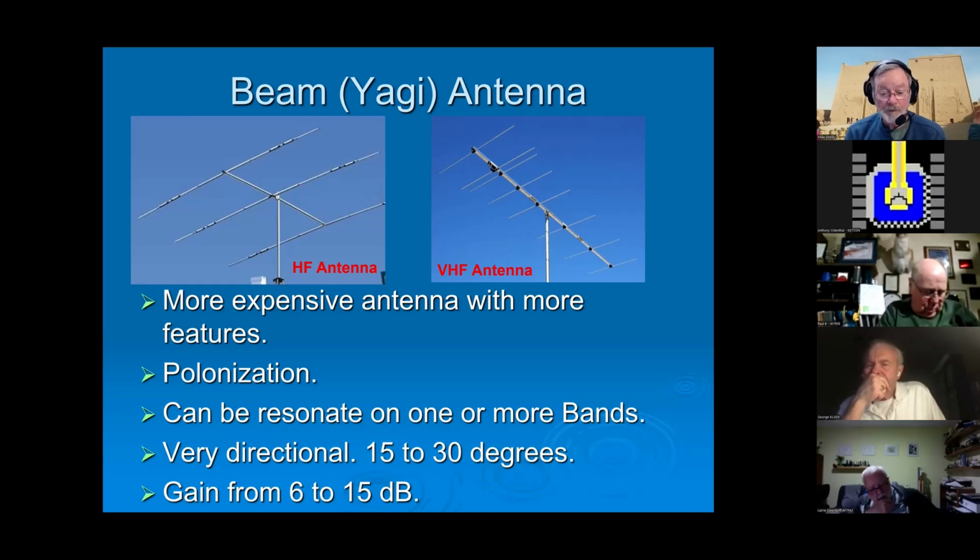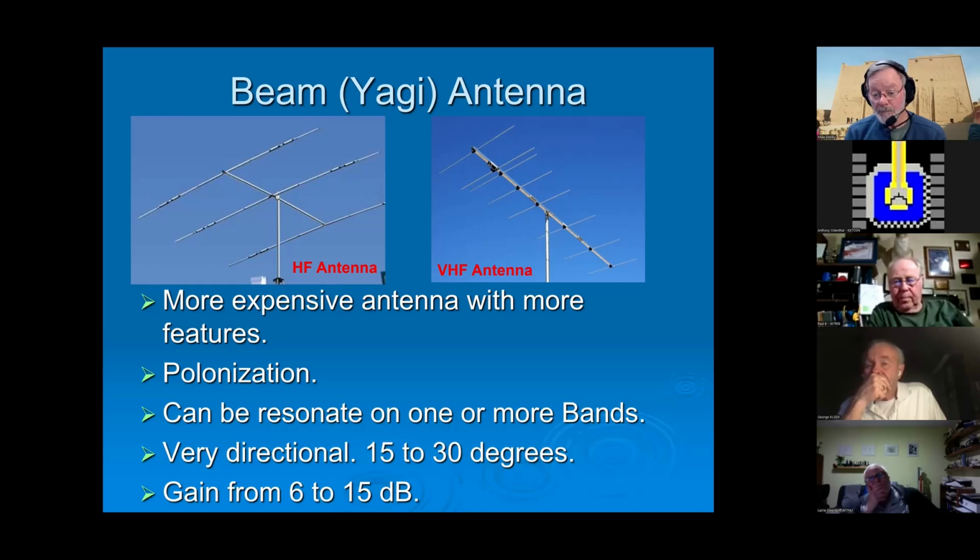So if you have a 50-watt transmitter and 6 dB worth of gain, that 50 watts is going to turn into 100 watts. So you can get a significant improvement in performance.